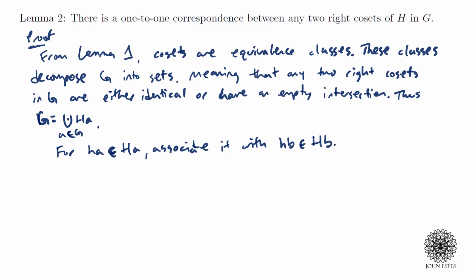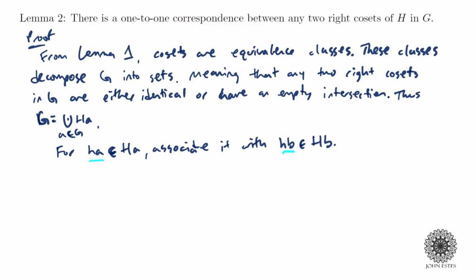So we can generate Ha by multiplying a by all the little h's. In the same way, we can get Hb by multiplying b by all the little h's. And so we consider this particular instance of ha associated with this particular instance of hb.